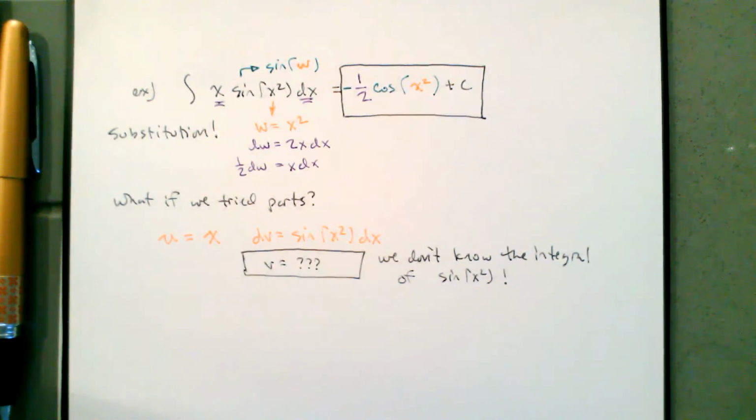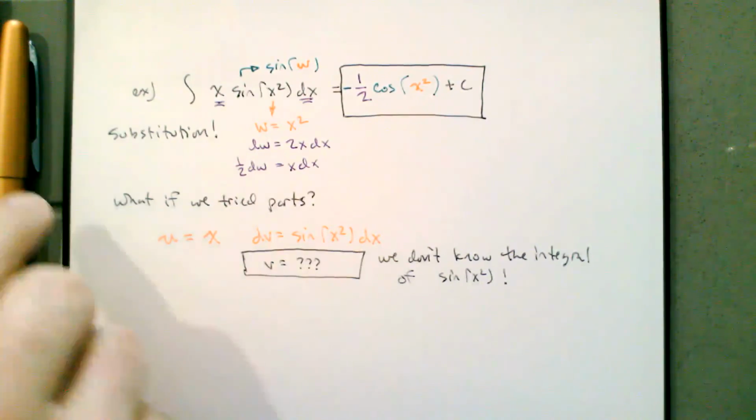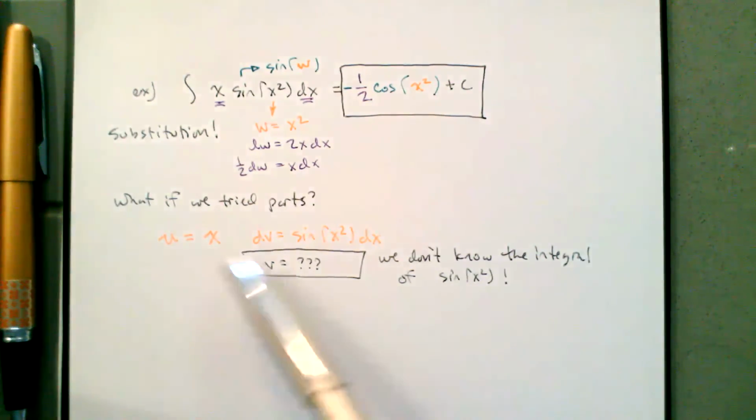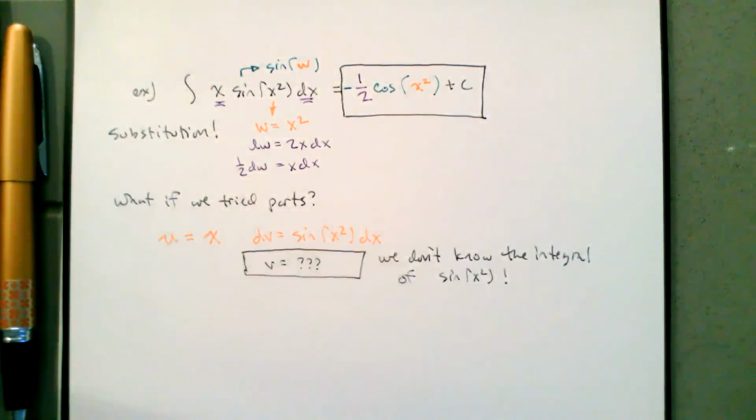So when we try to split it up with a u and a dv, we can see that this is not going to work because we don't know the integral of sine of x squared. So we're stopped from doing parts, at least this way. Just because this way we assigned the parts didn't work, what if we assign the parts the other way?